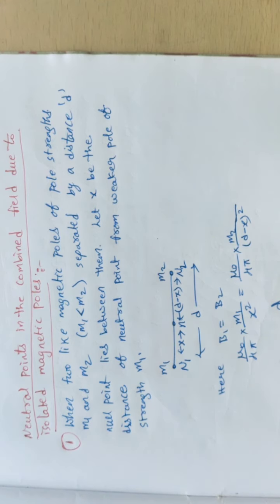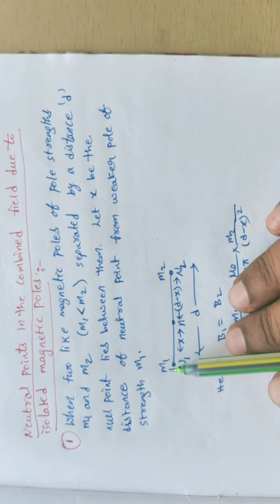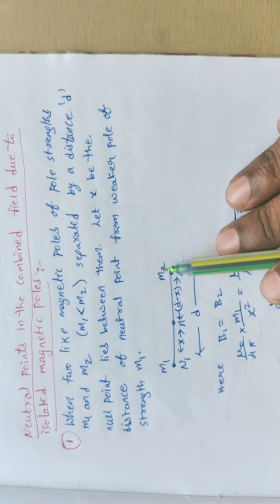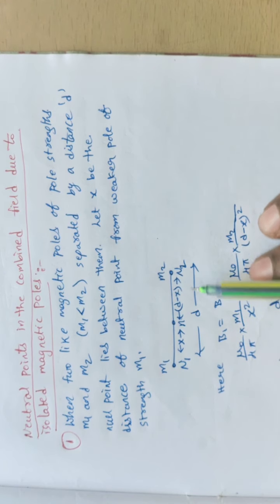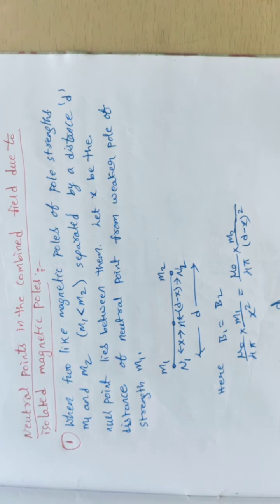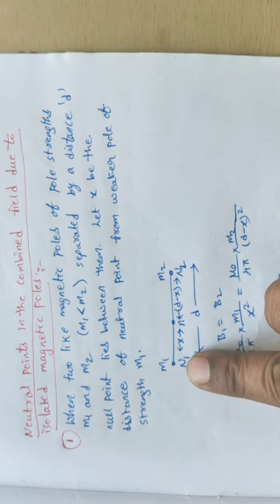So observe this diagram, students. This is one pole of strength m1, this is another pole of strength m2. These two are separated by distance d. For example, here it is clearly mentioned m1 is less than m2. Here two like poles are separated. So this is the first north pole, here the second north pole.